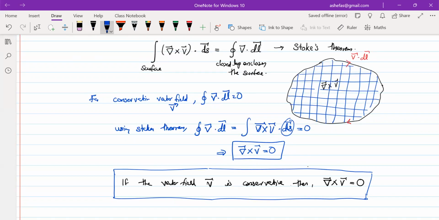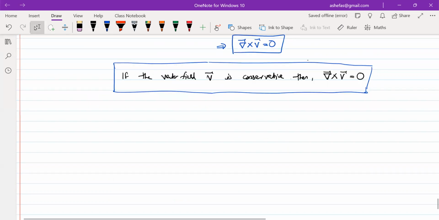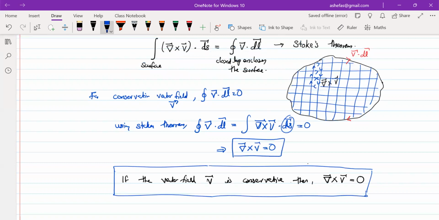If you look at the curl, the curl actually gives the curviness of the vector field. So del cross V gives the curly nature of the vector field. If you add this del cross V over the whole area, what would happen is that at the interior, the del cross V contributions cancel each other. Finally what will remain is the integral of V only over the loop which encloses the surface.